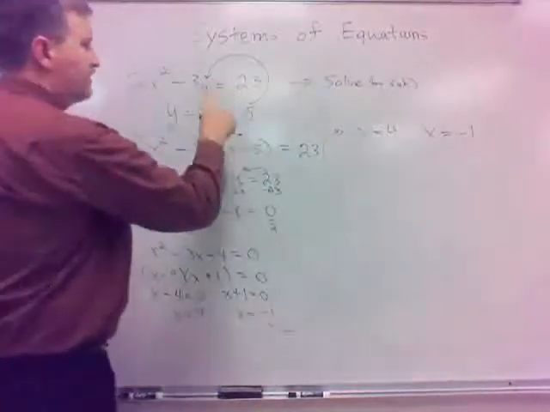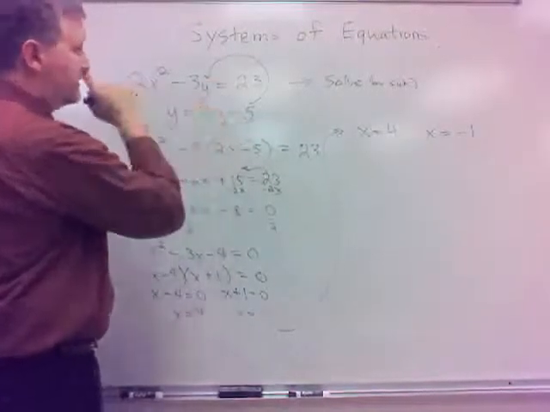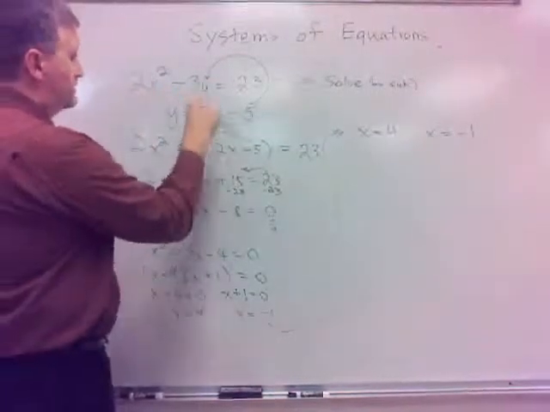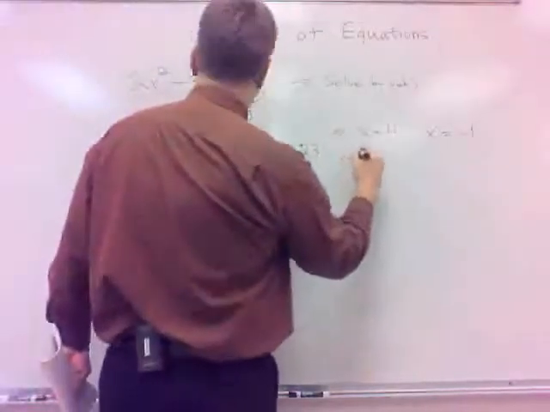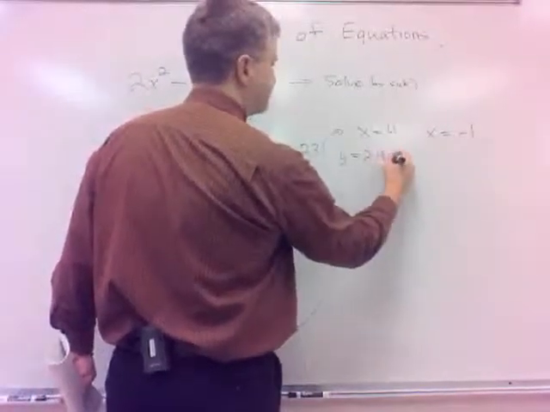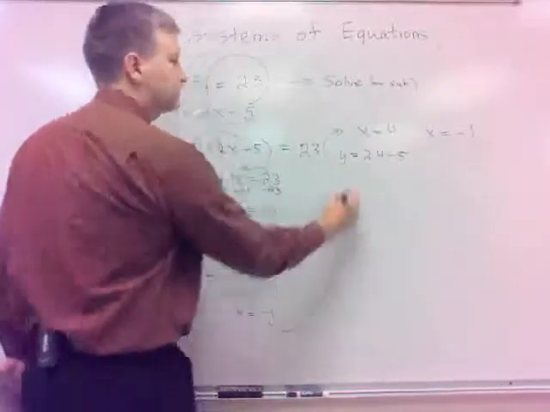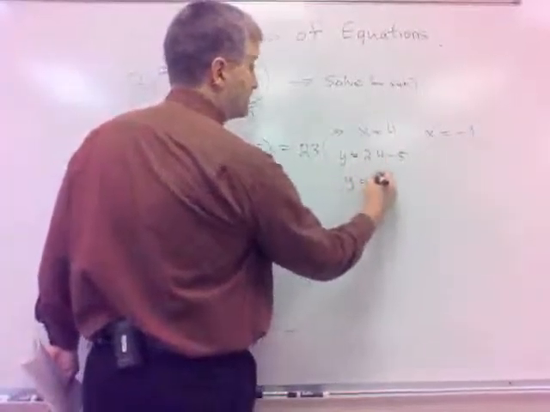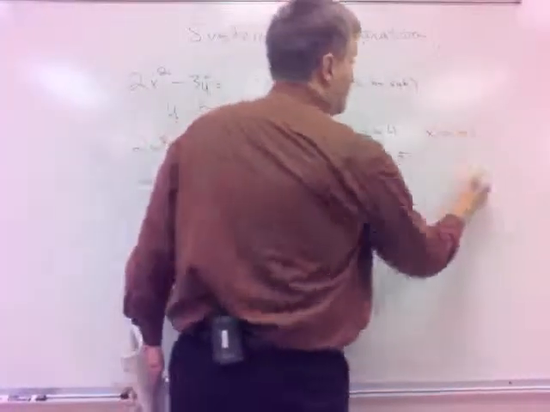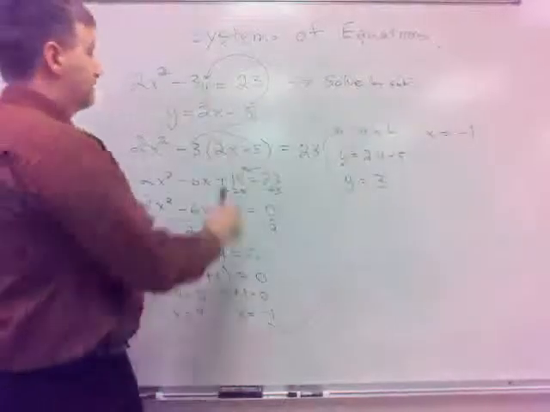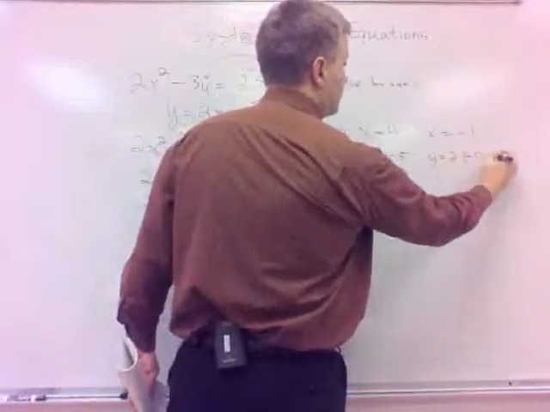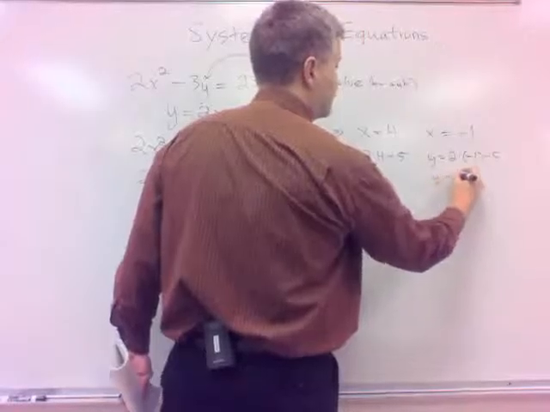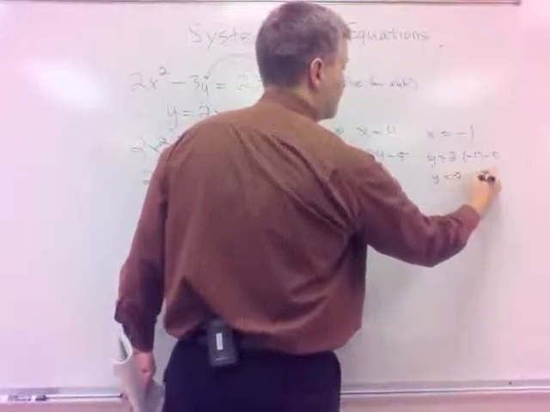Going back and looking at the equations here, it looks like it's a whole lot easier to plug in x here than it would be here. So I'm going to plug in x to be 4. And so that's 8 minus 5, that's 3. Then do the same thing for x is negative 1, right? 2 times negative 1 minus 5, that's negative 2 minus 5, that's negative 7.